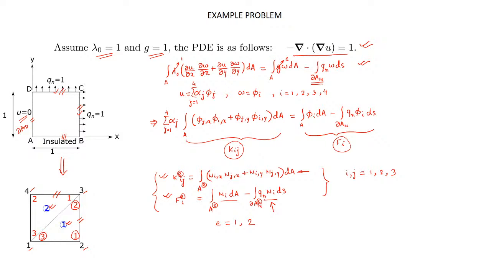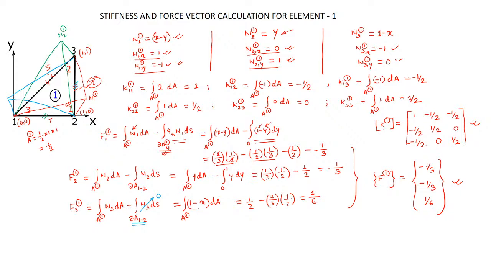All right, next slide. Here, as you can see, in the first element, you have rightly pointed out that while calculating f21, we have taken qn as 1, and while integrating this term along edge 1 2, we have to integrate from local node 1 to local node 2.